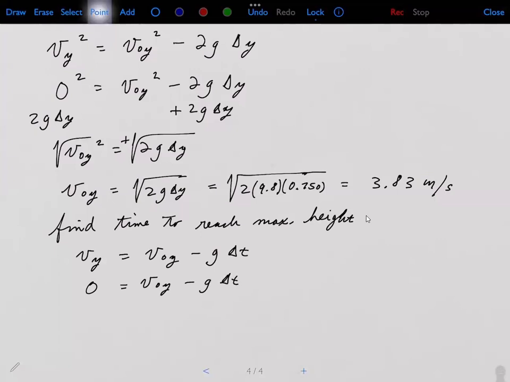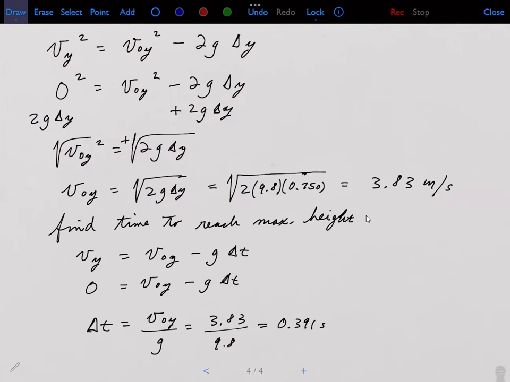If I add this term to both sides and then divide by g, I get delta t is equal to V naught y divided by g. So if we work this out, this is 3.83, what we just found, divided by 9.8. Looks like it's going to take around 0.391 seconds to get to that peak height.